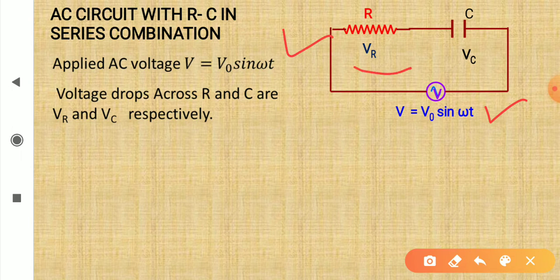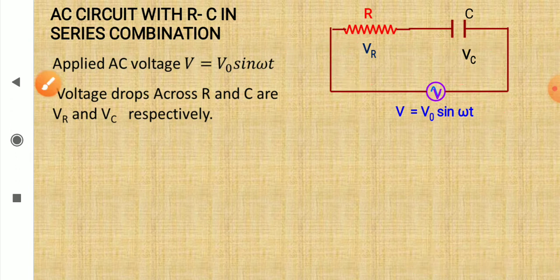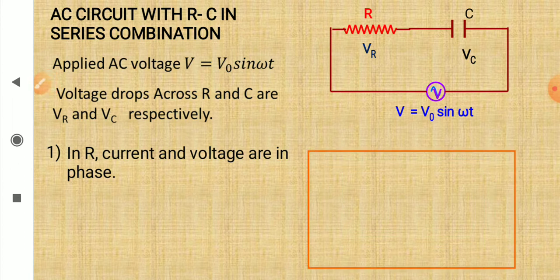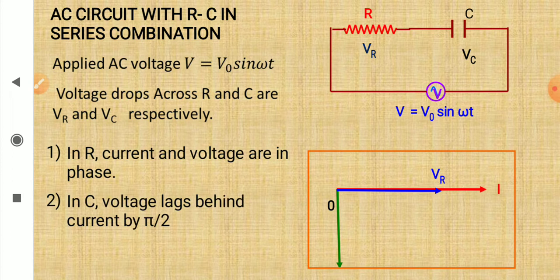The voltage across R is VR, across C is VC, and you know that current and voltage through this resistance will be in same phase, and here the current will be leading the voltage. So in R the current and voltage are in same phase, and in C the voltage lags behind by pi by 2.